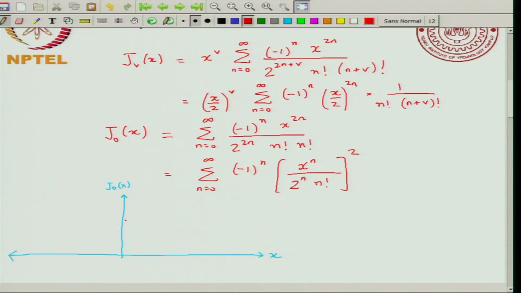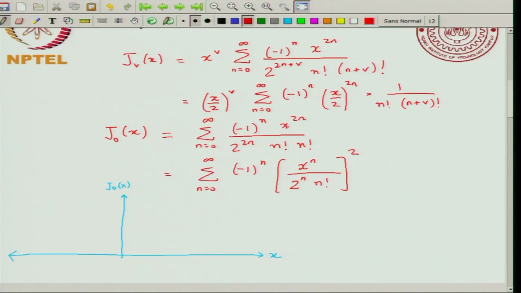When x is equal to 0, x raised to 2n is equal to 0.